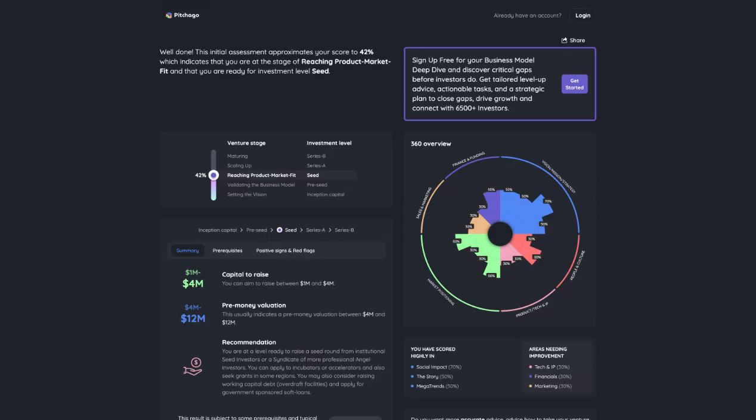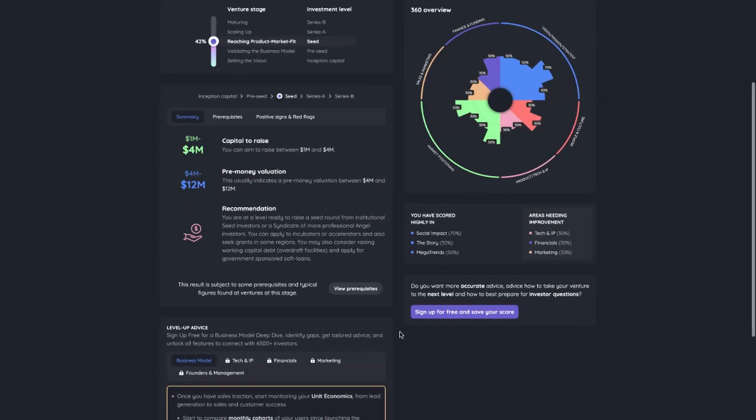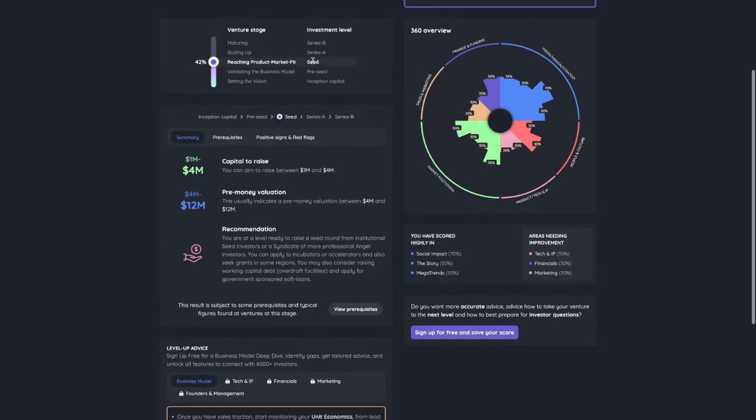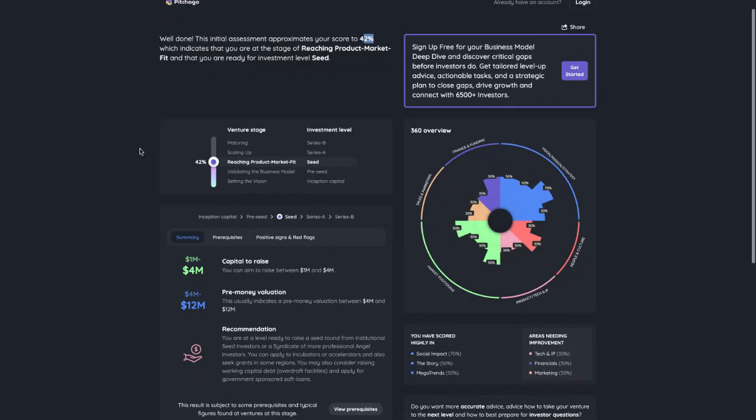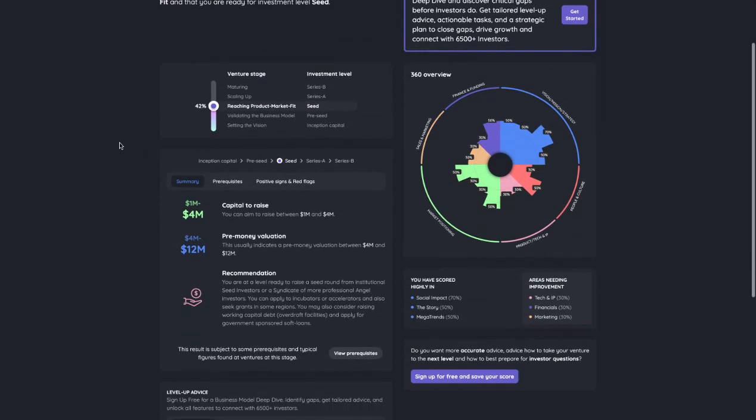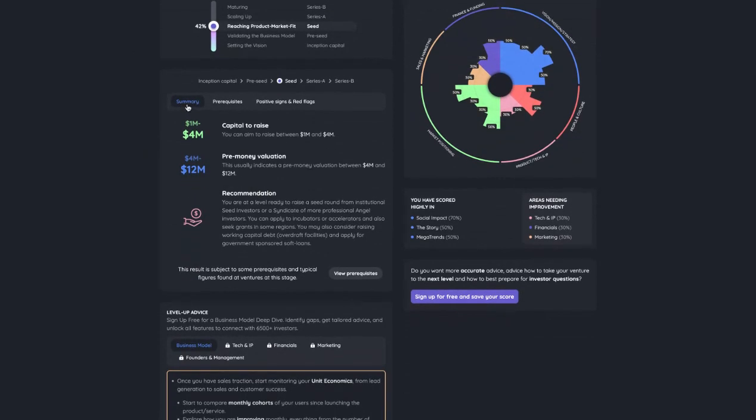With this information, the system now calculates your venture score, and 42% in this case, which means that we are now at seed level, reaching product market fit. So this score is based on how you answered all these questions and the data about your company. You can also see here now the summary of what that means, how much capital to raise, your pre-money valuation, and some general recommendations, what it means to be a seed company.